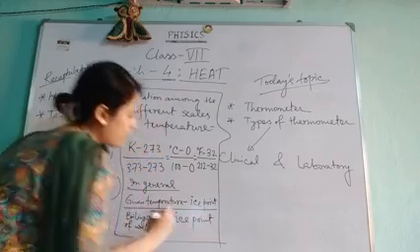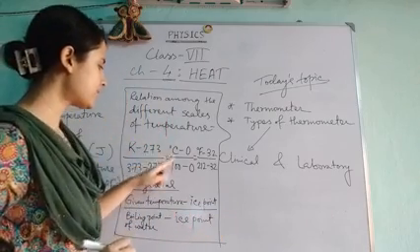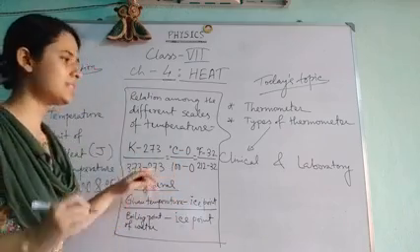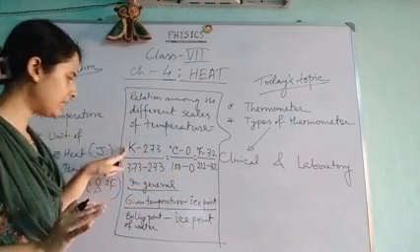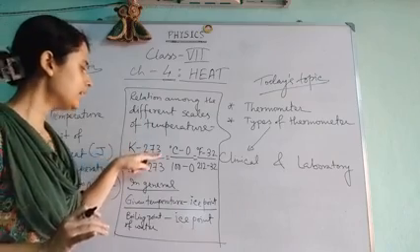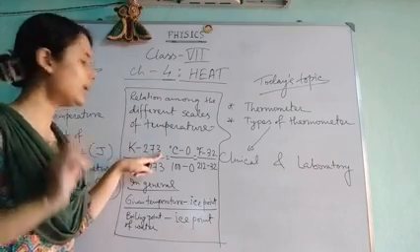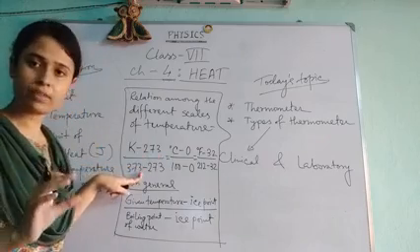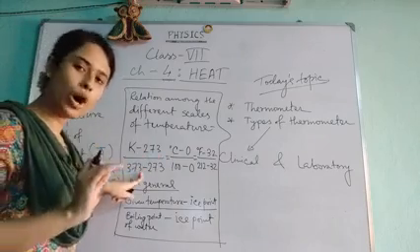So you must be wondering that for degree Celsius scale 0 degree represents the ice point. Then for this, yes, these are the same thing. For Kelvin scale at 273 Kelvin we will get the ice, and at 373 Kelvin the water will boil.